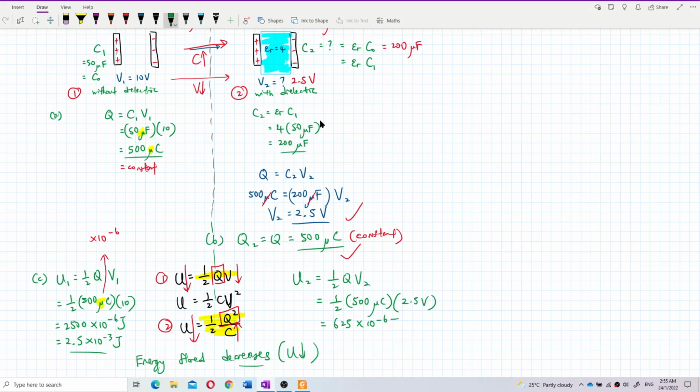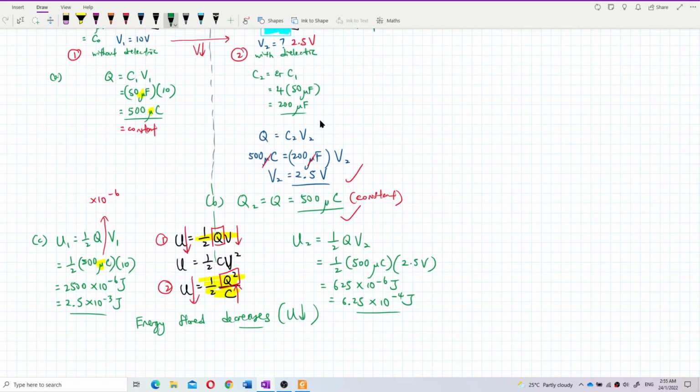So I can put it as 6.25 exponent negative 4 joule.